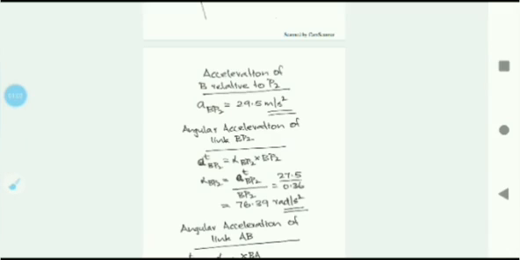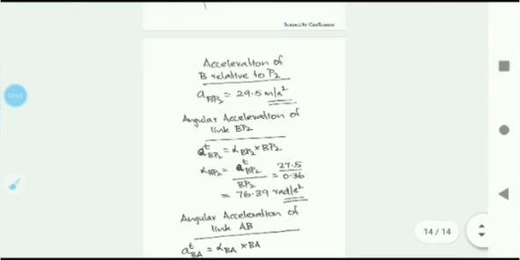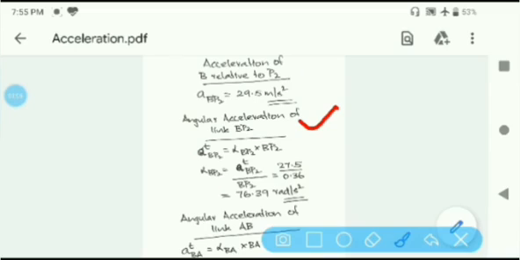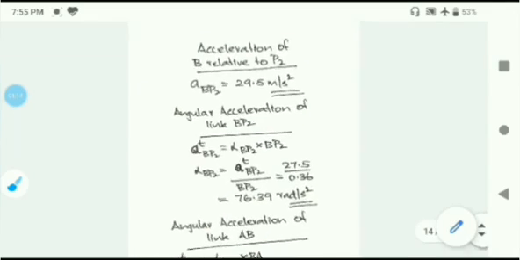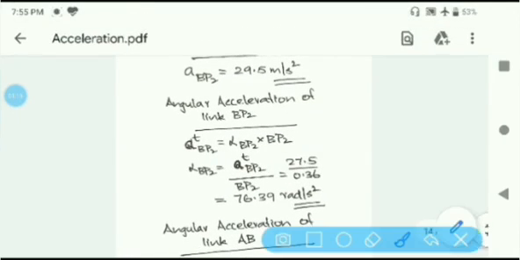Now the next question is to find the angular acceleration of link BP2. The angular acceleration is related to the tangential component. Now the magnitude of the tangential component of acceleration of point B relative to P2 is given by alpha into R. Here R is nothing but the length of the link BP2.